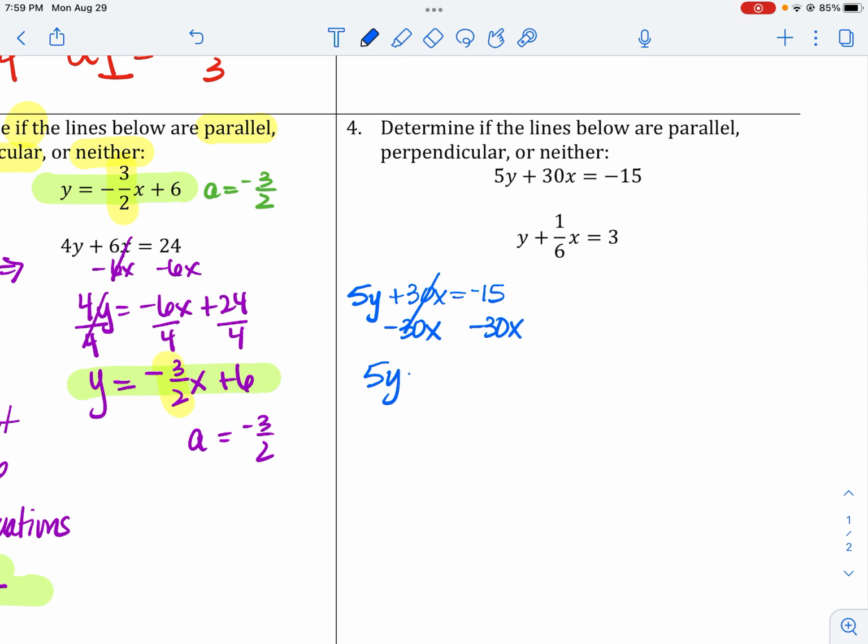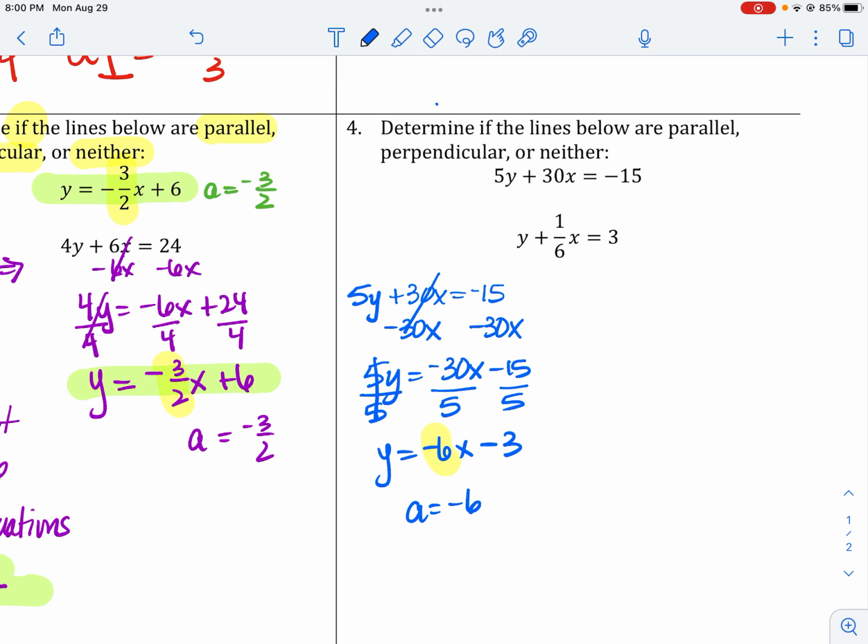So 5y equals negative 30x minus 15. And then we divide by the y coefficient. Y equals negative 6x minus 3. So here's my slope. A is negative 6.